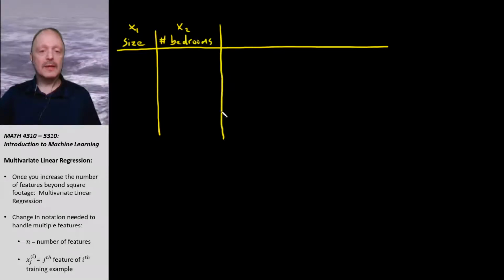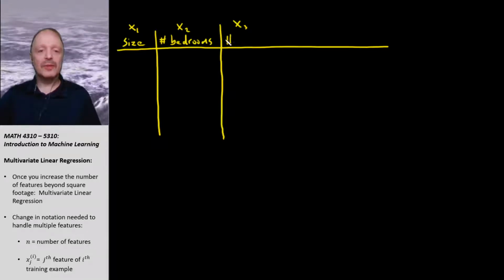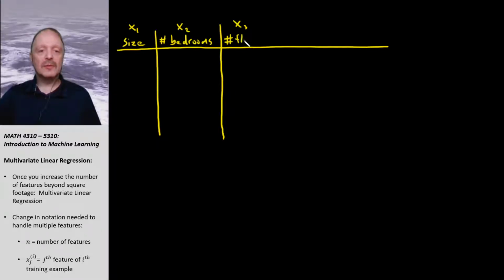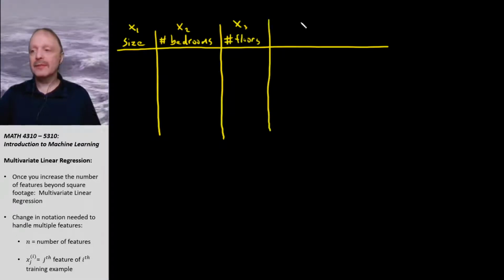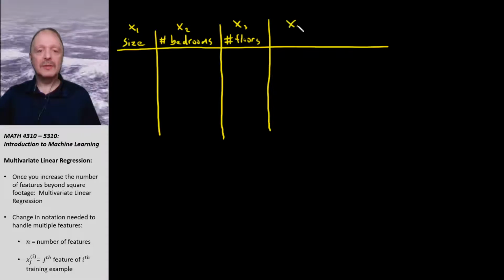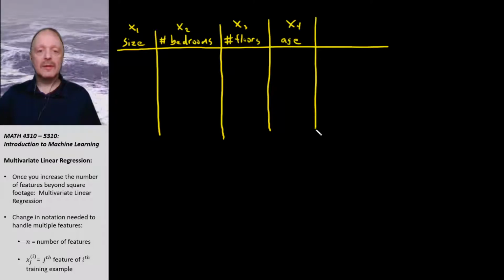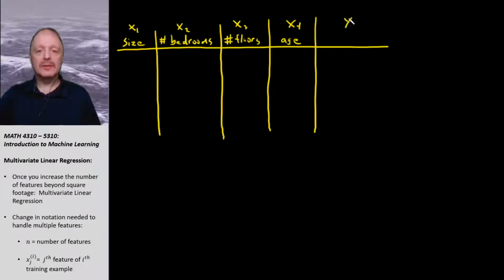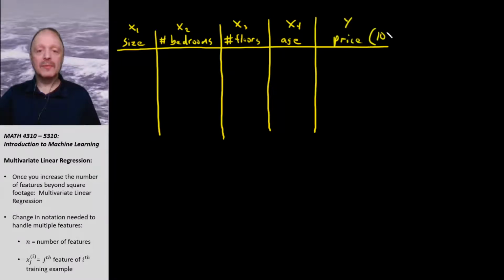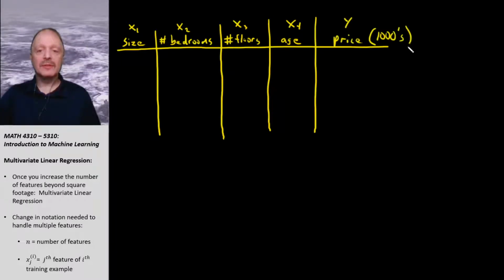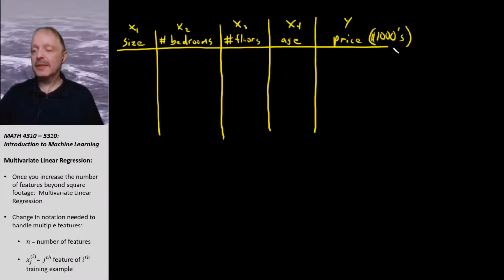Then x sub 3, we're going to call the number of floors of the house, or stories, whichever one you prefer. Then x sub 4 is going to be the age of the house. And then y is going to be our price, and we're going to look at it in thousands of dollars.